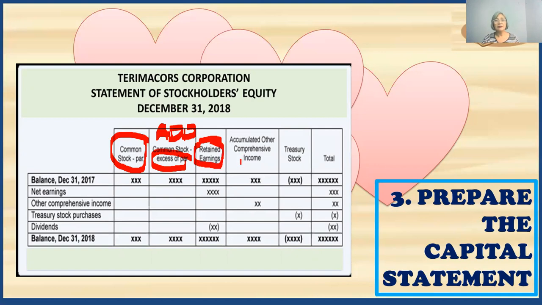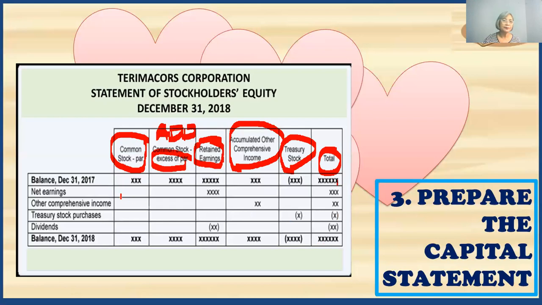And then, accumulated other comprehensive income. So, kung may other income pa other than the operations, then you can use this account, accumulated other comprehensive income. And then, ito yung treasury stock, yung mga na-issue na at binili pabalik ng corporation. So, ito yung total ng stockholders' equity at the end of the, beginning and then at the end.